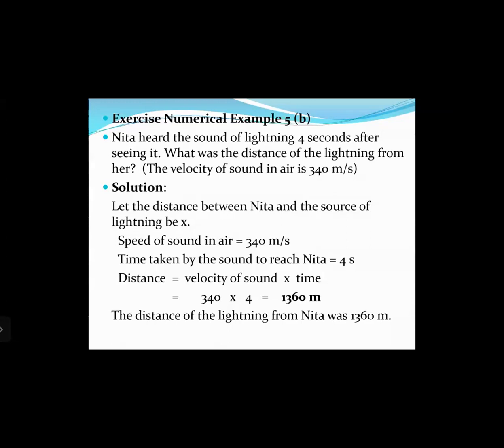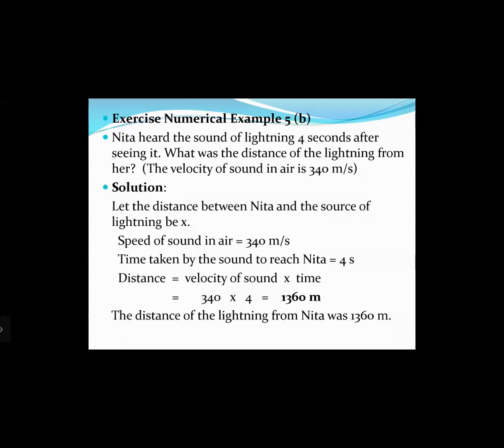So let us see. Nita heard the sound of lightning 4 seconds after seeing it. What was the distance of the lightning from her? The velocity of sound in air they have given as 340 meters per second. Let us see the solution. Let the distance between Nita and the source of lightning be x. Speed of sound in air is 340 meters per second.